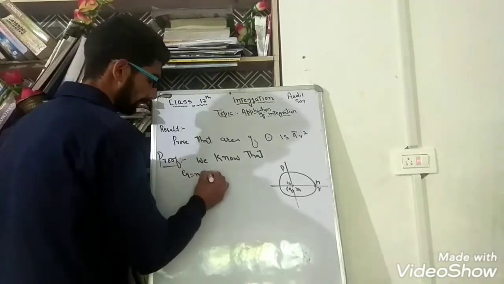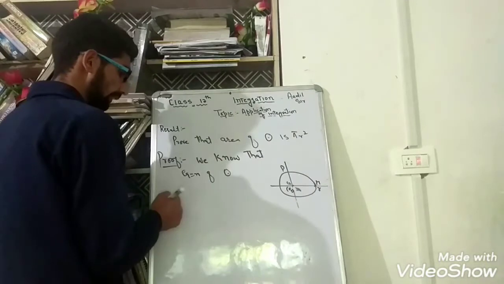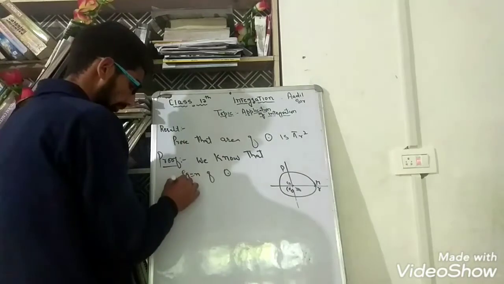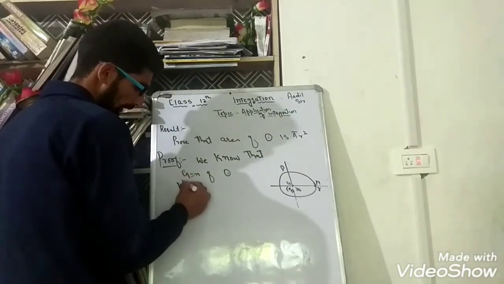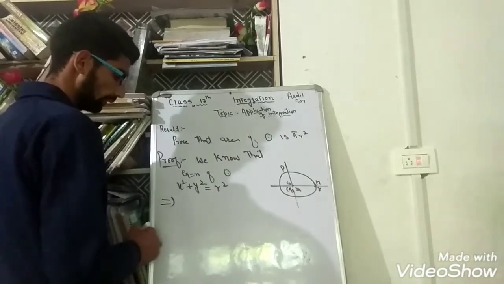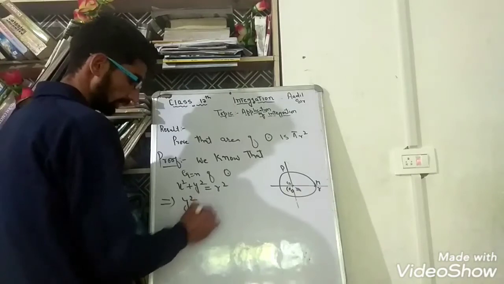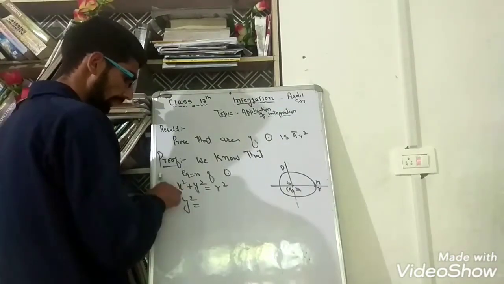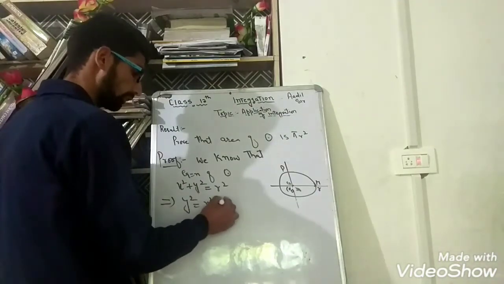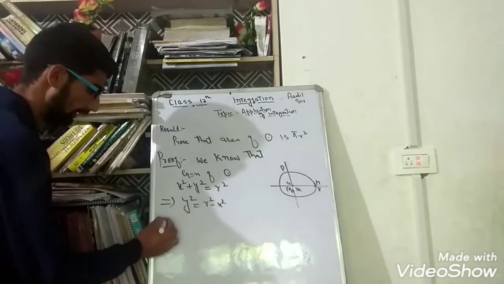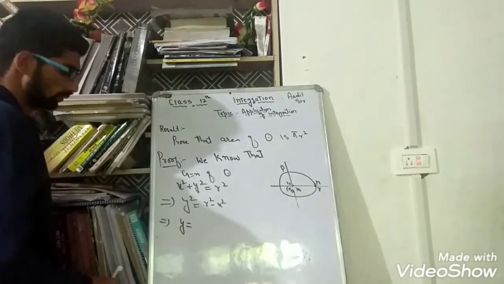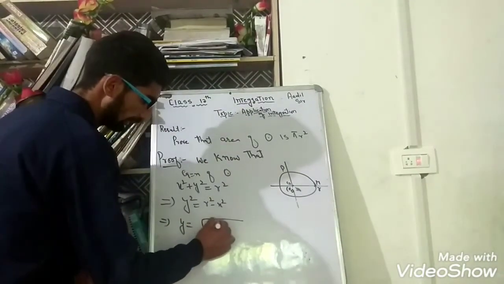Now we know the equation of circle, I have already given you that: x square plus y square is equal to r square. So here you can write y square is equal to, I will transpose this x square to RHS, so it will be r square minus x square. Now taking the square root, y will be plus or minus square root of r square minus x square.